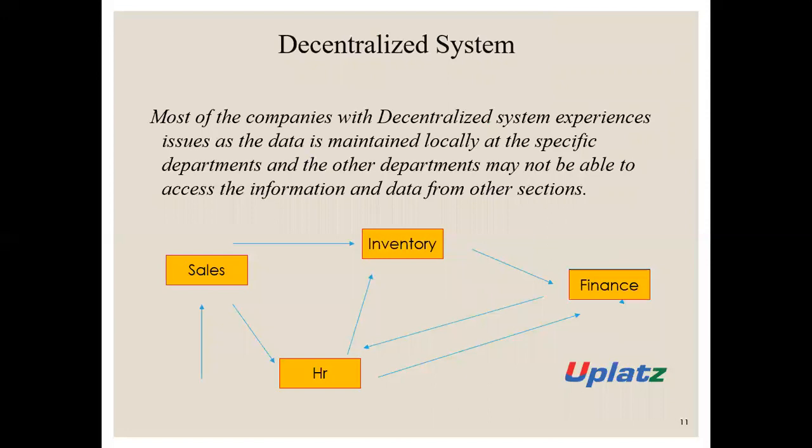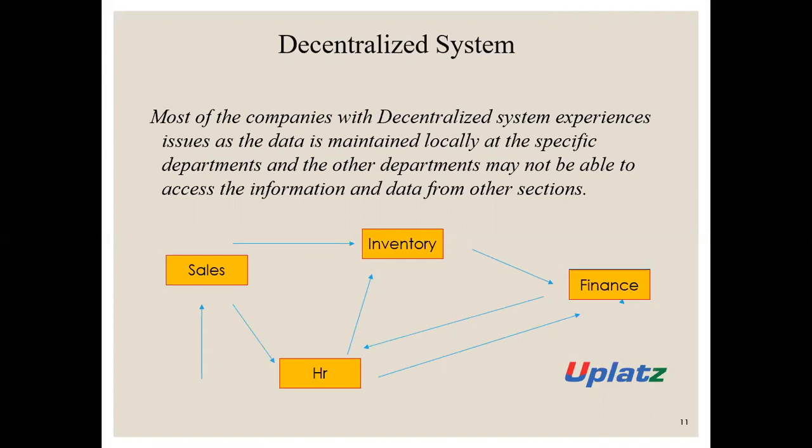Now let's see what a decentralized system is, because every enterprise is either decentralized or centralized. Most companies with a decentralized system experience issues, as the data is maintained locally in specific departments, and other departments may not be able to access information from other sections.